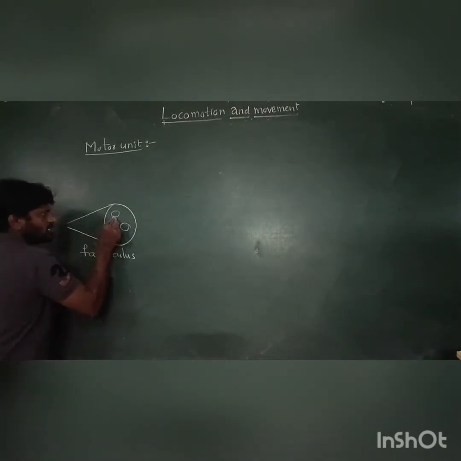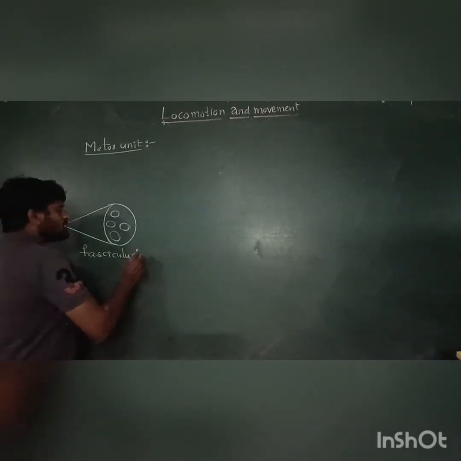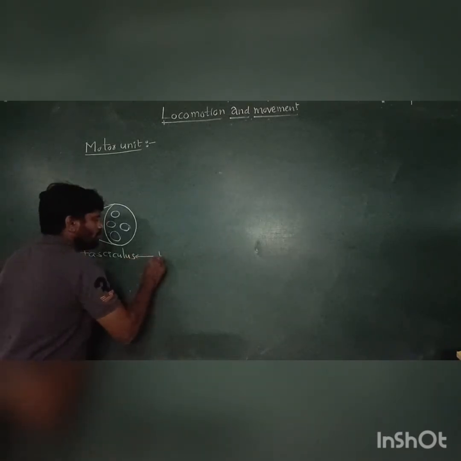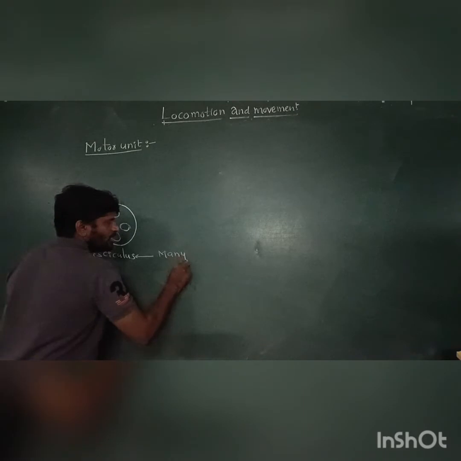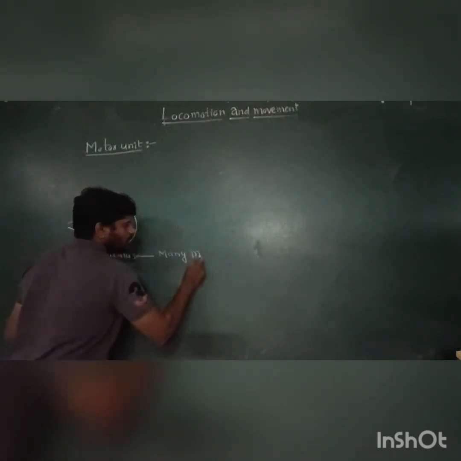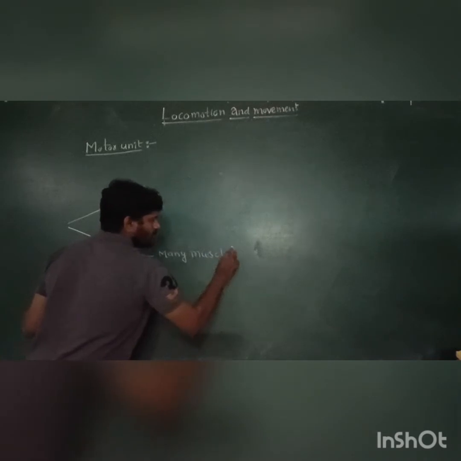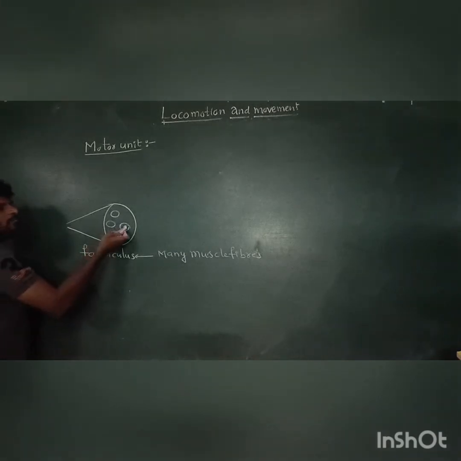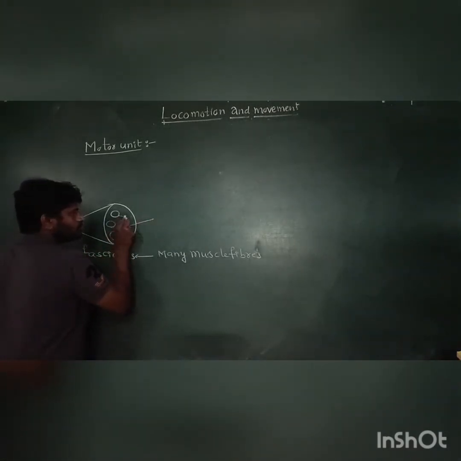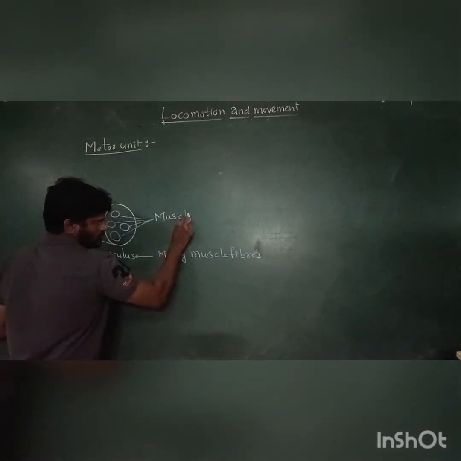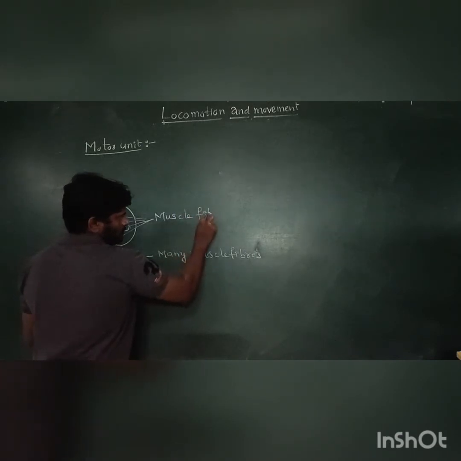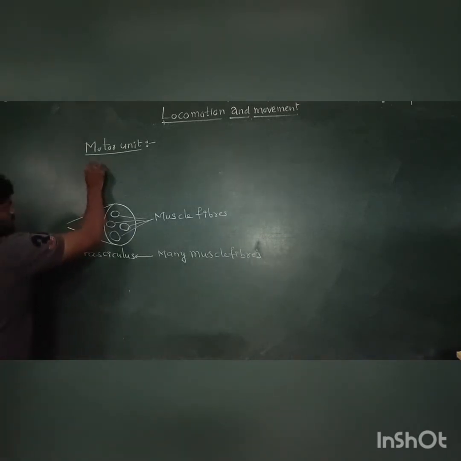If I draw the microscopic structure, for example, this is the muscle fiber. The muscle fiber is wrapped by the plasma membrane, and this is called the sarcolemma. I can draw one more muscle fiber.